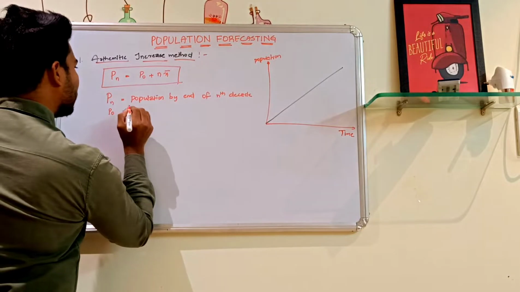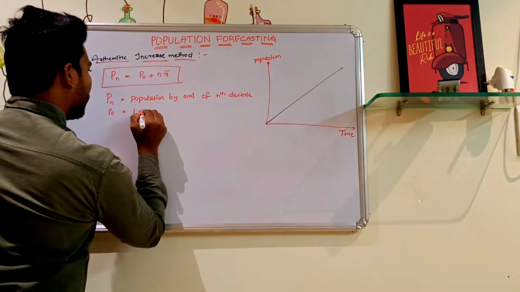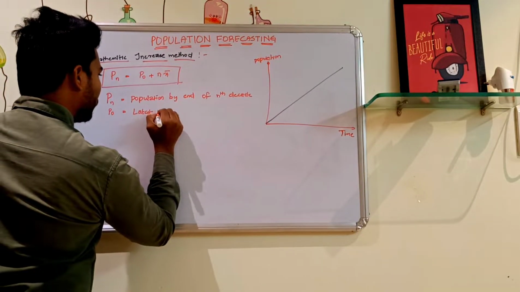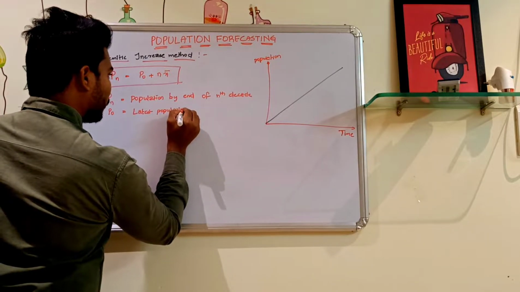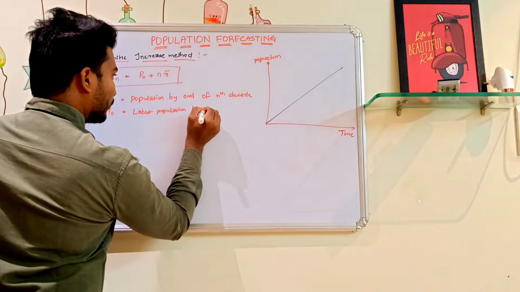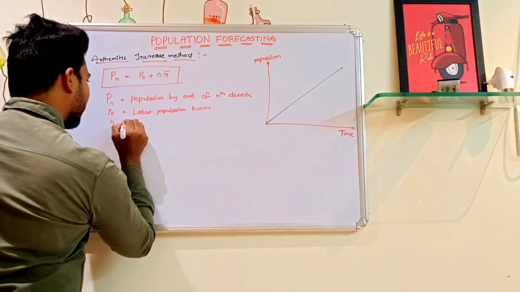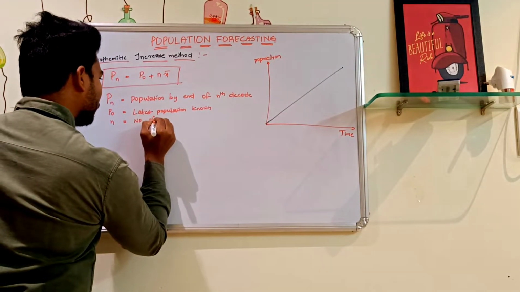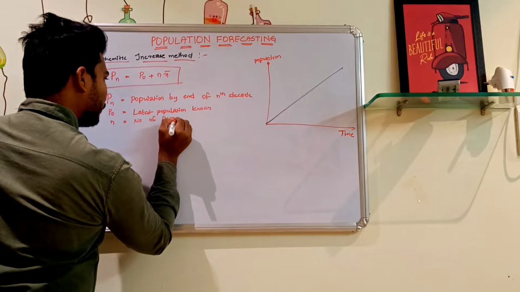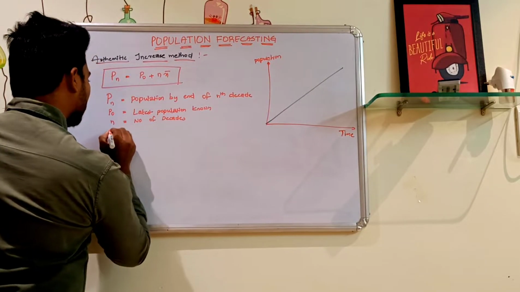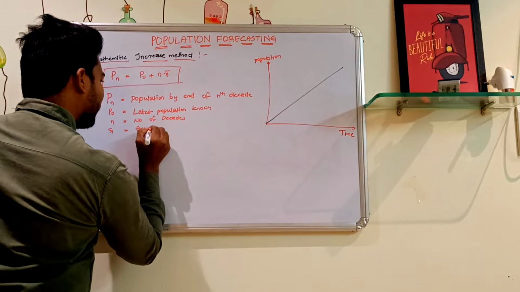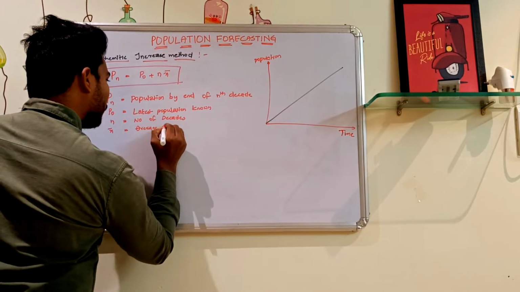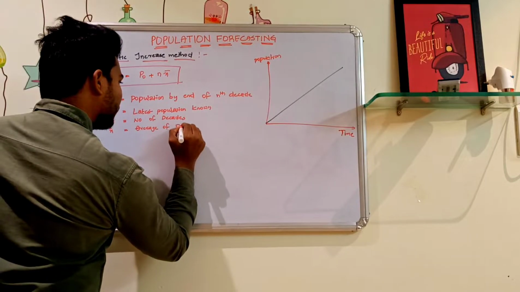P0 is the latest population known. n is the number of decades. And x̄ is the average of the population increase.